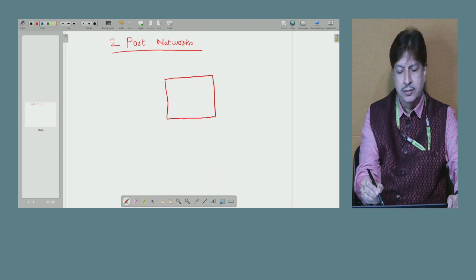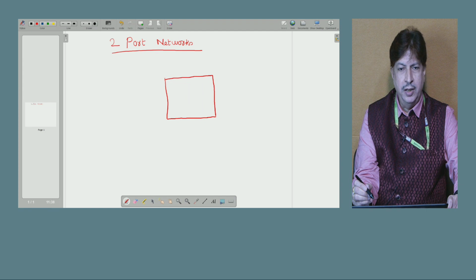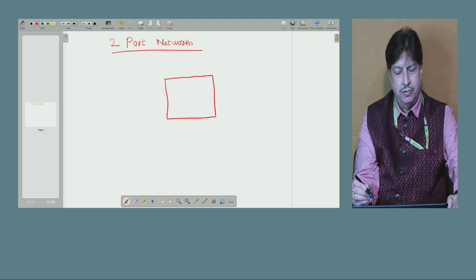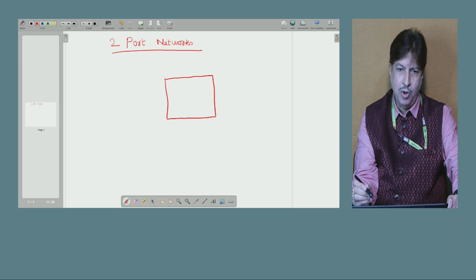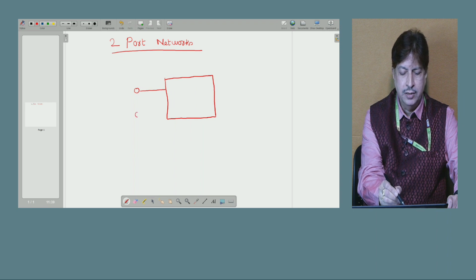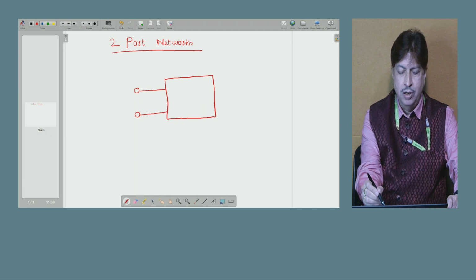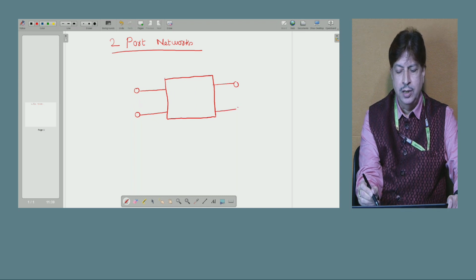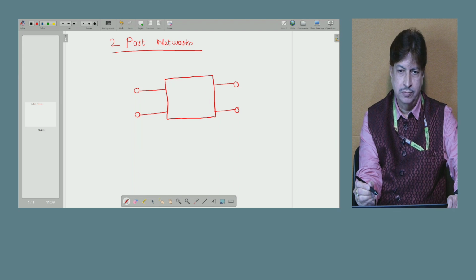Every network can be assumed in the form of a black box. Imagine within this box there is a network and two terminals I am showing on the input side of the box and two terminals I am showing on the output side of the box.